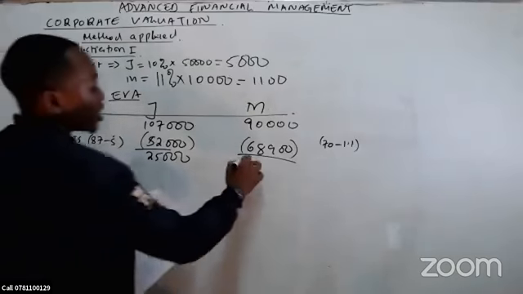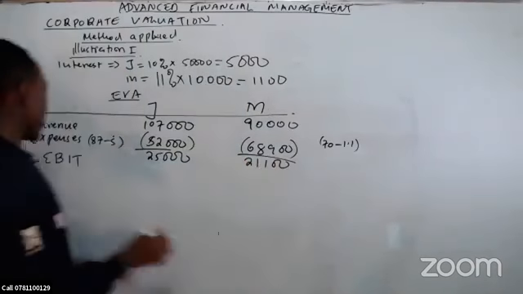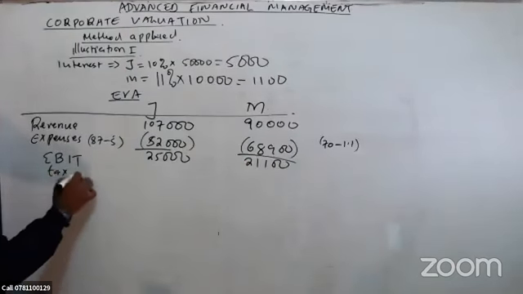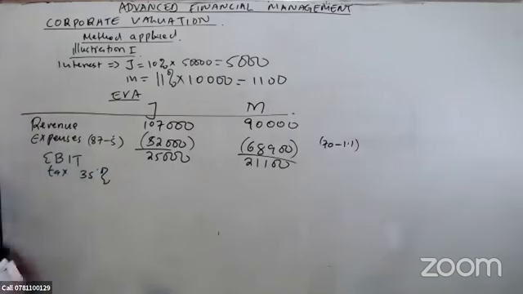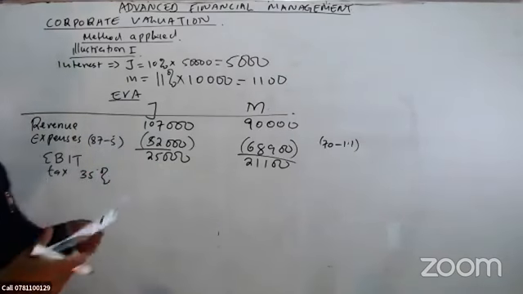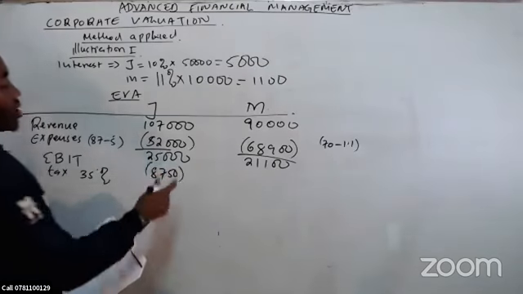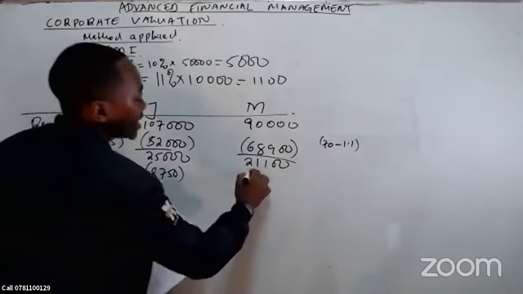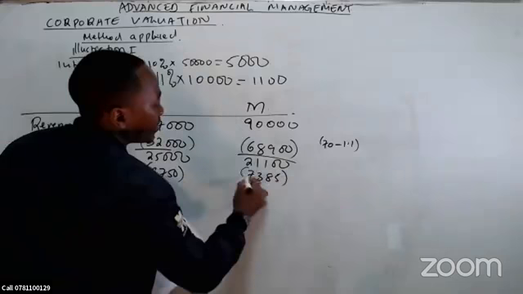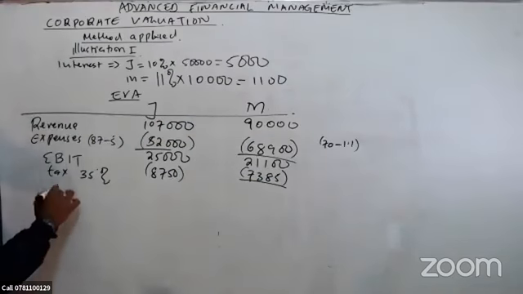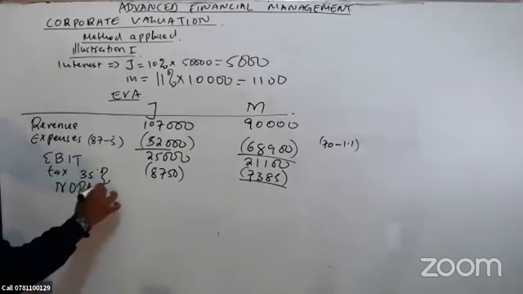For M, you get 21,100. Now you can deduct the tax, and the tax rate was 5%. If you take 5% of 25,000, how much do you get? In this case, you'll get 8750. And on the other side, you'll get 7385. So in that case, now you can get the net operating profit after tax.